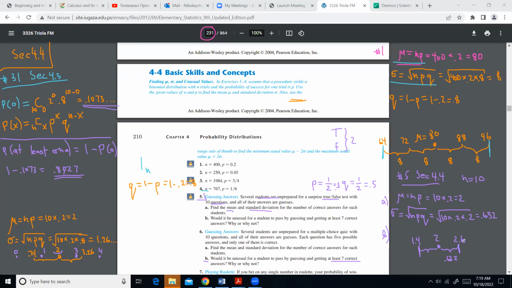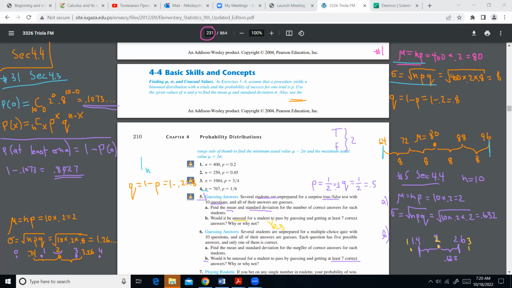So how about 7? Well, it looks like it's just too far from reality. Maybe you will guess 1, maybe 3, maybe 4, but definitely not 7. So if somebody asks, would this be unusual? The answer is, of course, yes. It'd be unusual to guess so many correct answers.